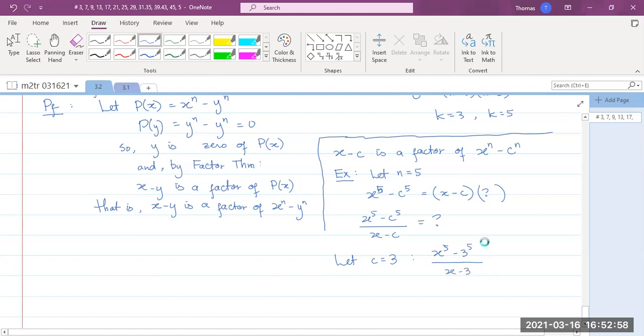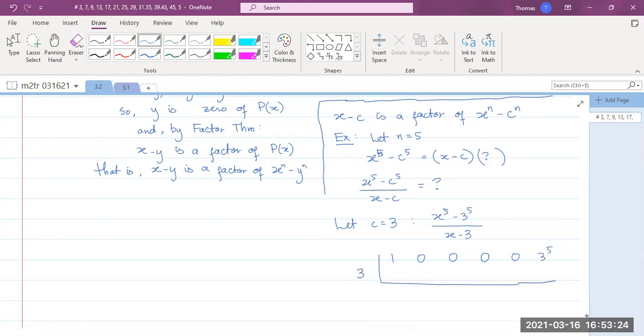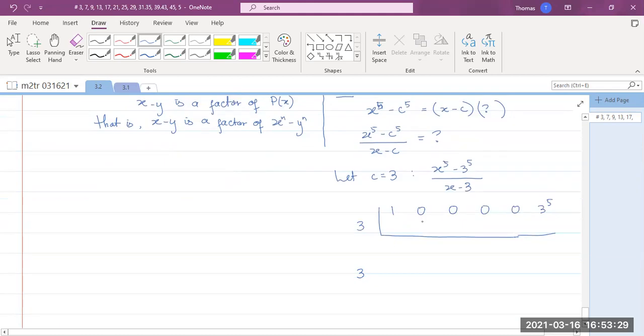Okay, using synthetic division, 1x to the fifth, 0x to the fourth, 0x cubed, 0x squared, 0x, 3 to the fifth. And this is 3 here. So 1 down times 3.